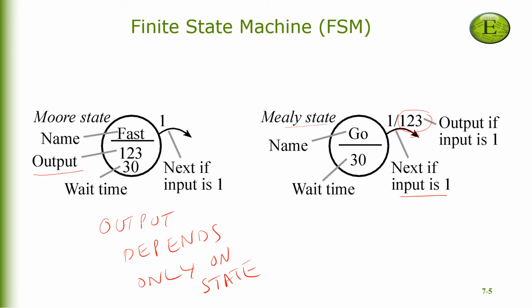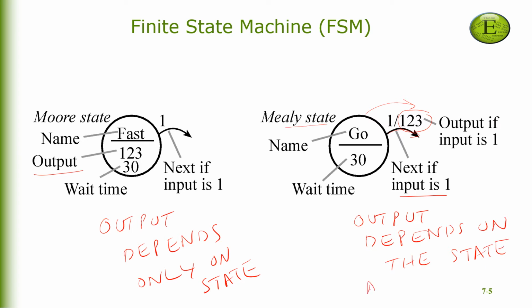But in a sense, the output also depends on the state, because this arc is coming out of a state. So we can say that in the Mealy finite state machine, the output depends on the state as well as on the input.